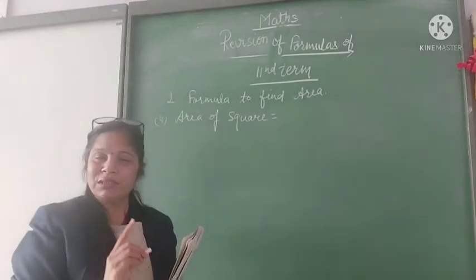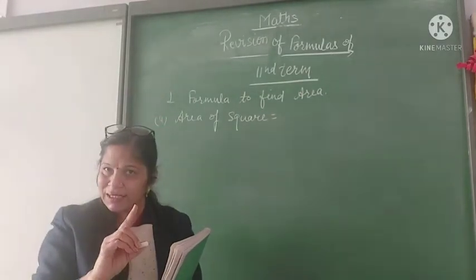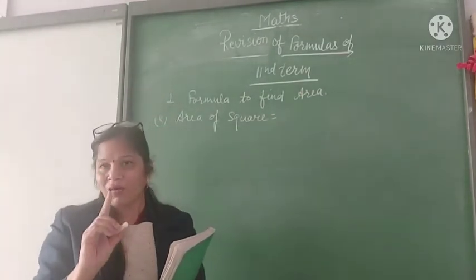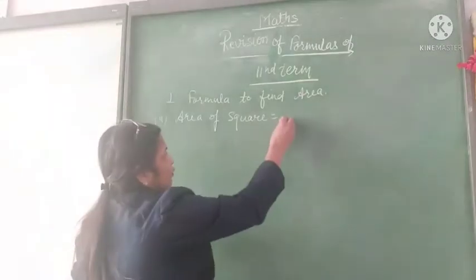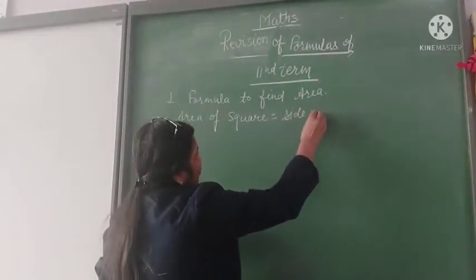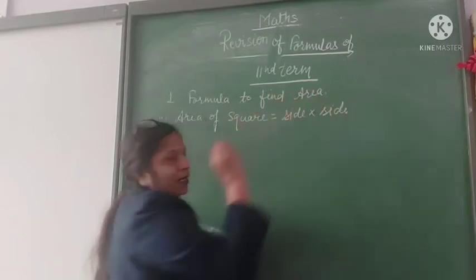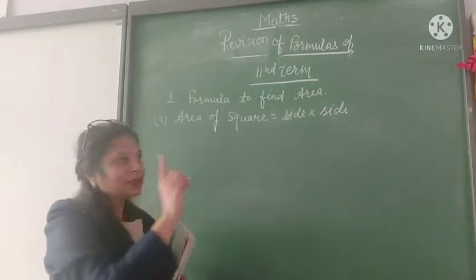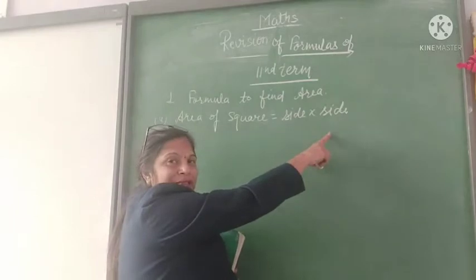Everybody knows a square has all sides equal. So area of a square is equal to side multiplied by side. This is the first formula, side multiplied by side.